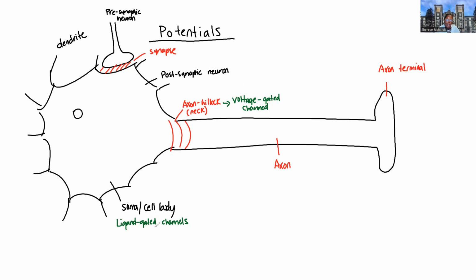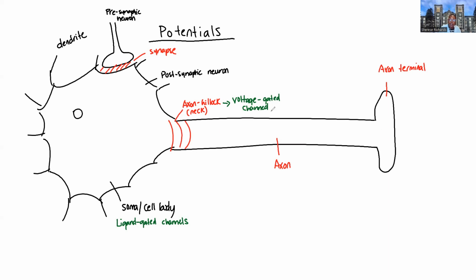When we have enough graded potentials through our ligand-gated channels to get to -55, that's the voltage where other channels on the axon hillock are going to open up because they're voltage gated. And that is where the signal can now move from the axon hillock down the rest of the axon.